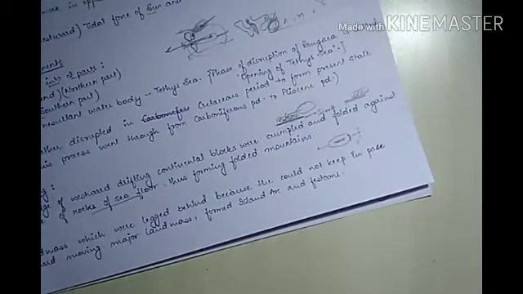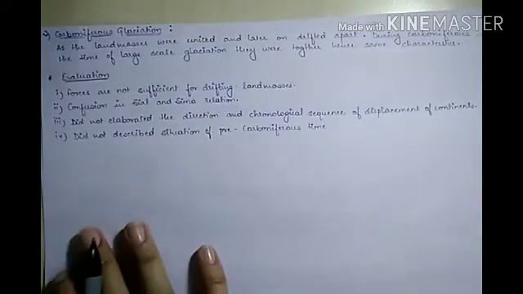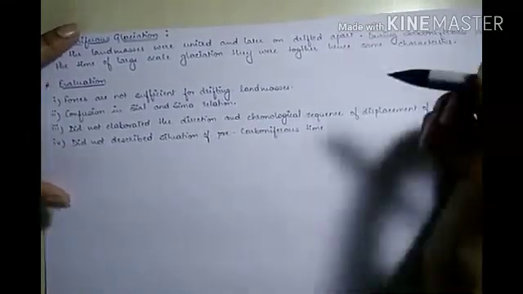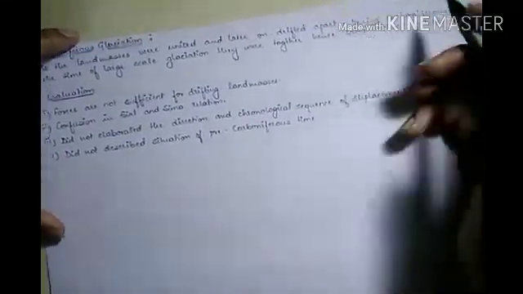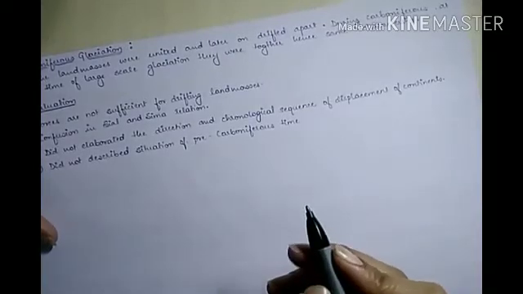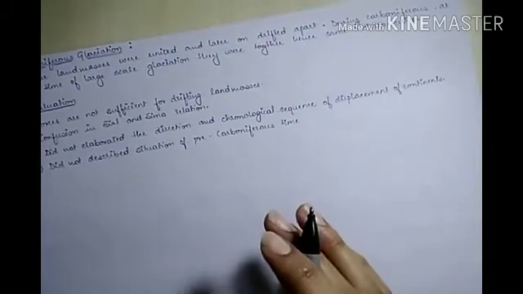Now, next is Carboniferous glaciation. In Carboniferous glaciation, there were ample evidences to prove that there was a large scale glaciation during the Carboniferous period, and land masses like Brazil, Falkland, South Africa, Peninsular India, Australia, Antarctica, etc., were extensively glaciated.